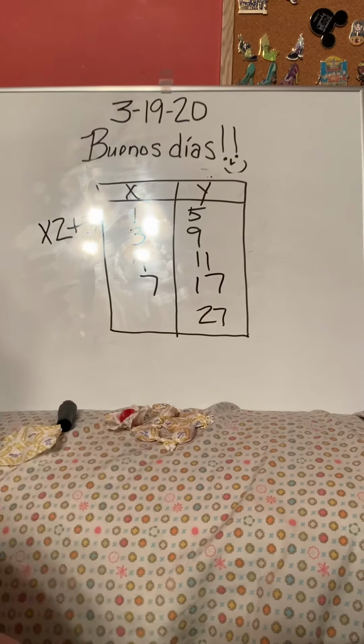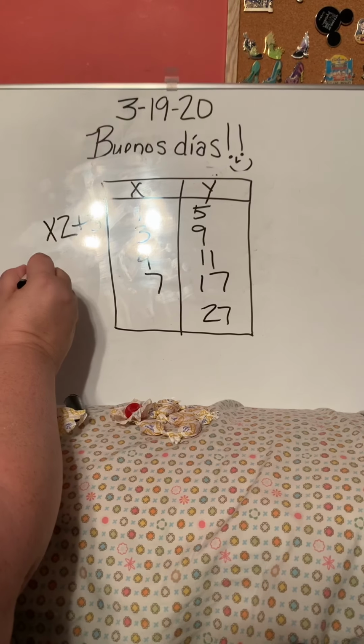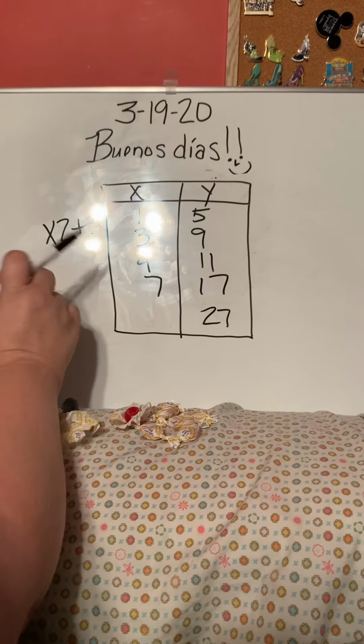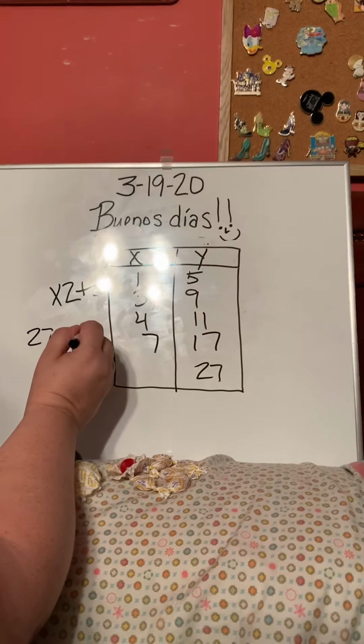And the 27, we're going to have to work backwards because, as I said, that's the answer slot. So you're going to start with 27, and you're going to do it in the opposite order. Subtract 3, and then divide it by 2.